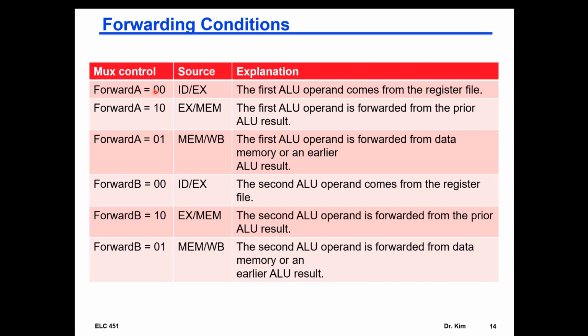So here we have the regular no forwarding, okay, and here we're forwarding into the A input of the ALU from the execution memory boundary register, and for input B of the ALU, here we have no forwarding from the execution memory boundary register, and here forwarding from the memory write back boundary pipeline register.